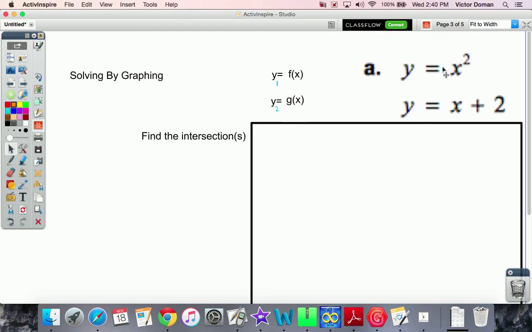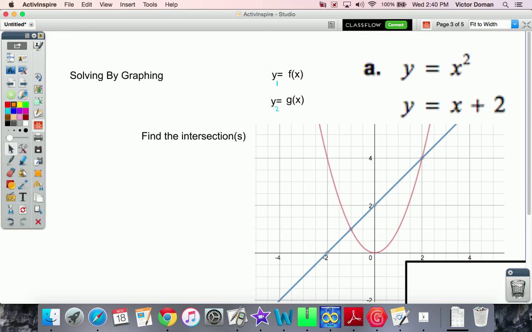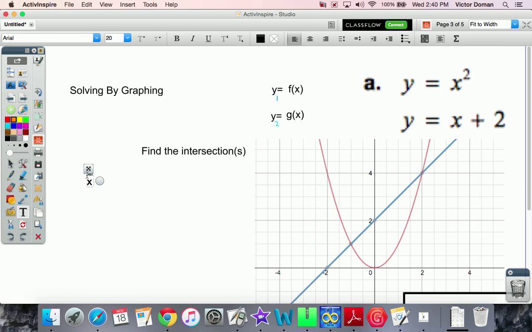So if I'm looking at this, I'm going to graph this, I'm going to graph that, and I'm going to find out where they intersect. My solutions would be x equals -2, and y equals +2.